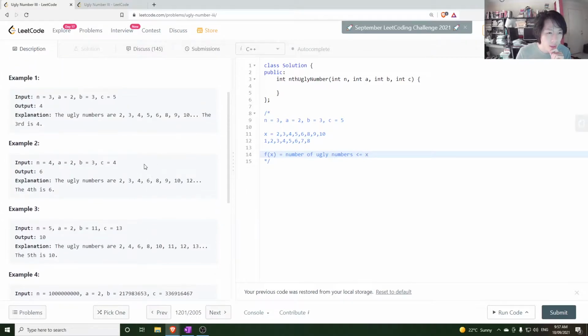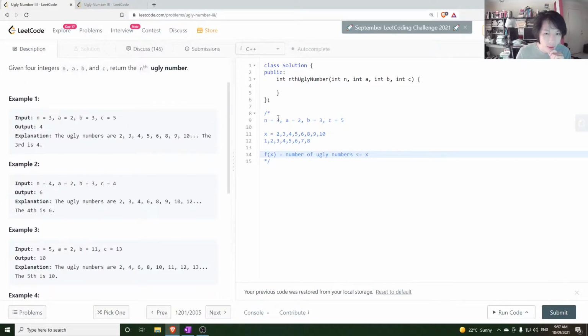Okay, well, let's take this example, 2, 3, 5. Say, for example, I know that the index of 10 is 8. So hopefully I can get 8 out of f of 10 using some formula.